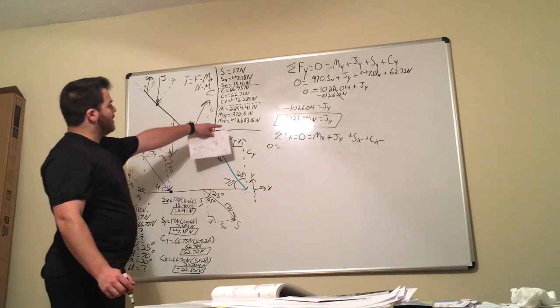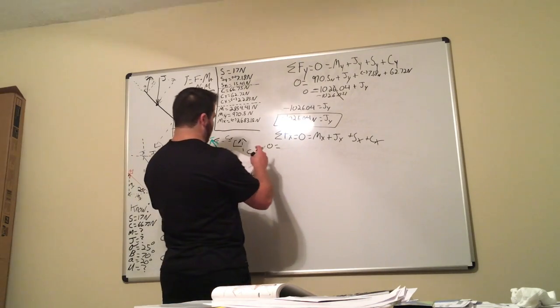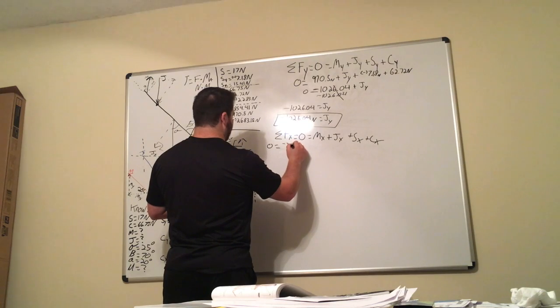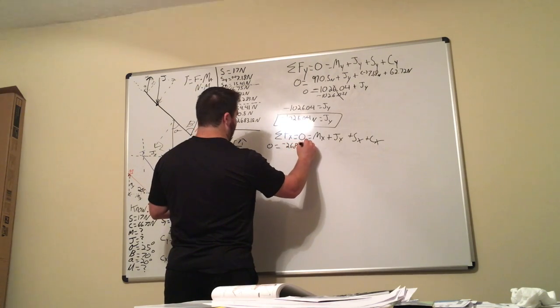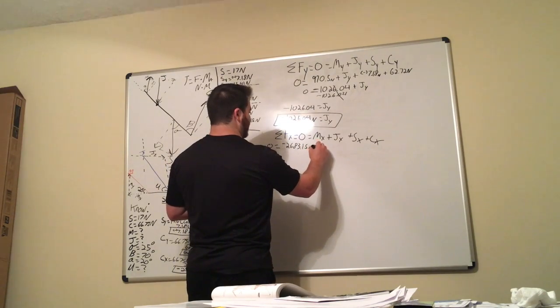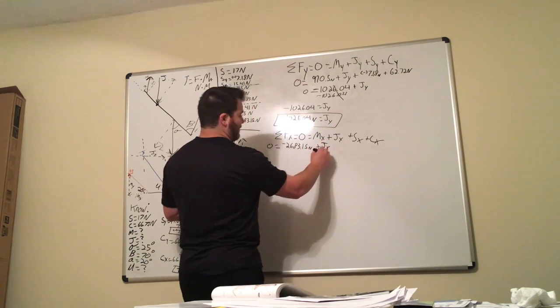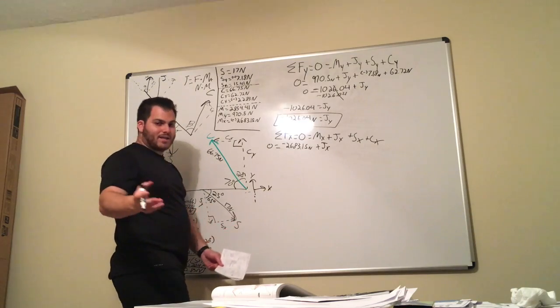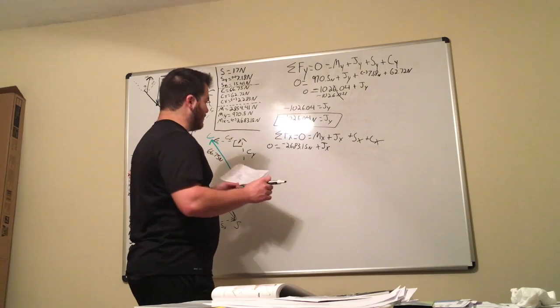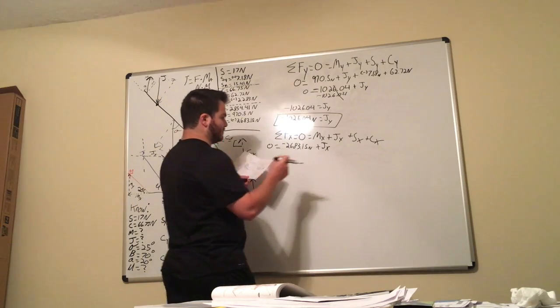It's our negative big number, negative 2,683.15 newtons, plus our J of x. We don't know, so we will leave it as J of x, or x variable, whatever you want to call it. You can call it the first letter of your first name, any variable you'd like.